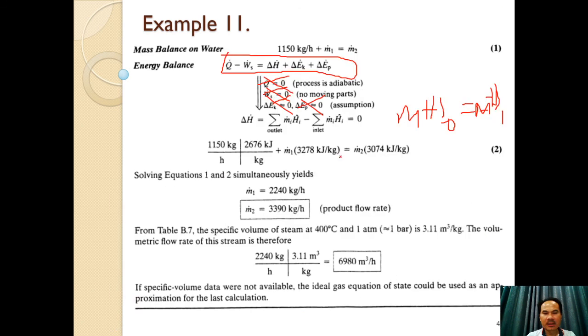The first stream is 1150 multiplied by H 2676, plus M1 multiplied by H 3278, equals M2 multiplied by H. In this case, we have two equations and two unknowns, M1 and M2. You can solve for these simultaneously, and then you get M1 equal to 2240.